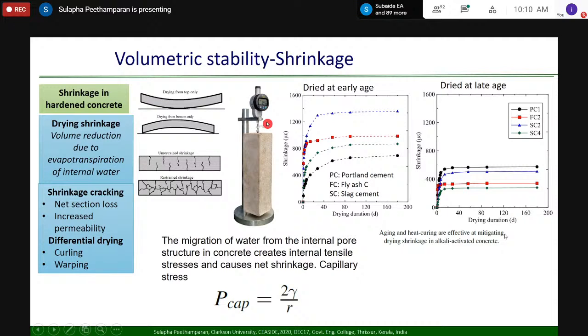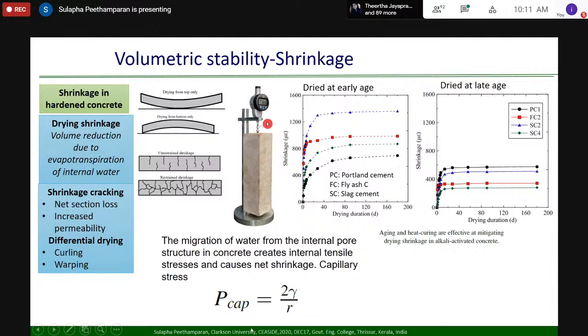Another issue is that researchers are finding a lot of contradicting data. What is the volume stability of this concrete? Volume stability we normally call shrinkage. This happens when you make a concrete and it dries, the water evaporates from the fine pores within the concrete.